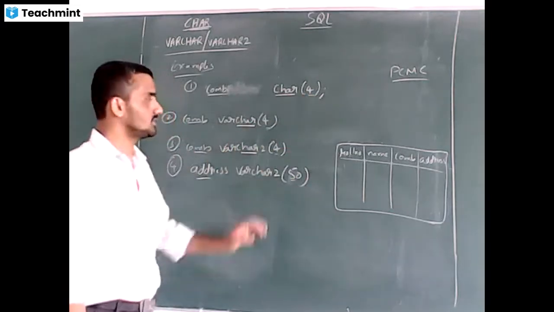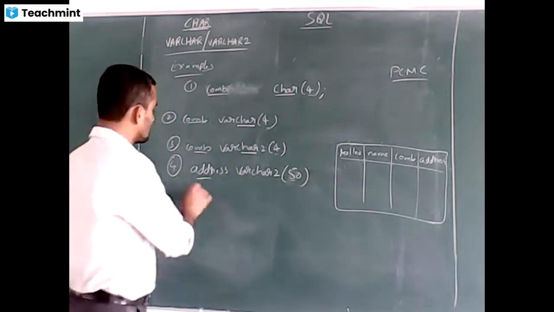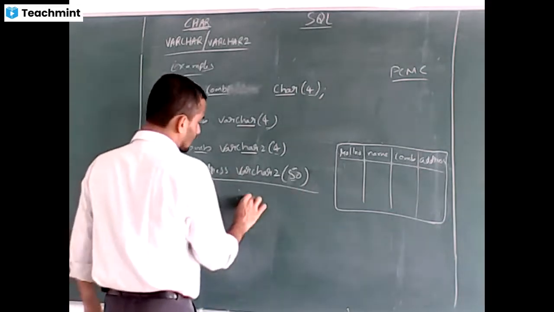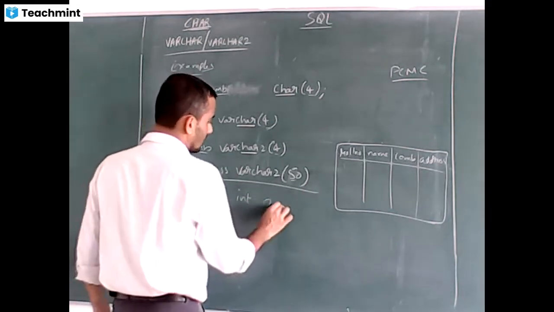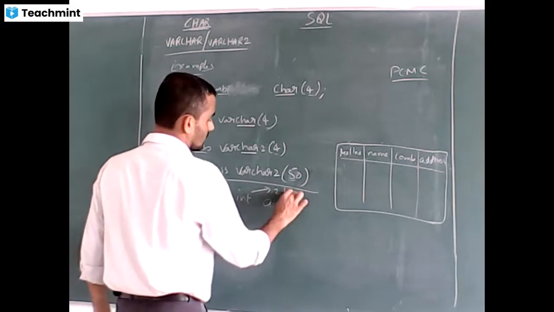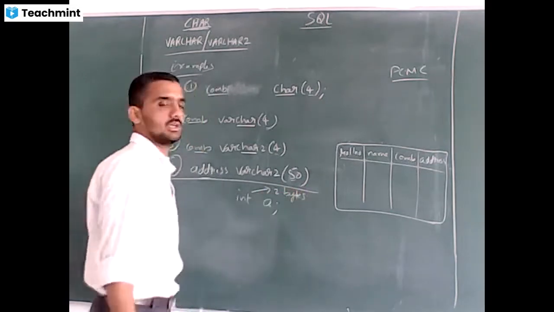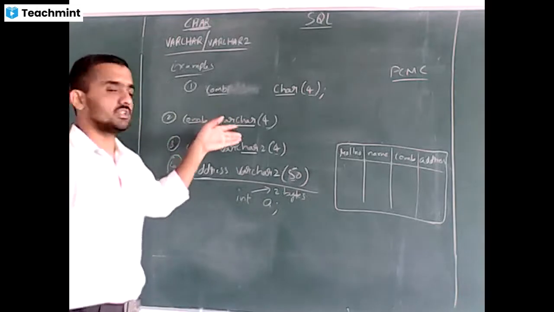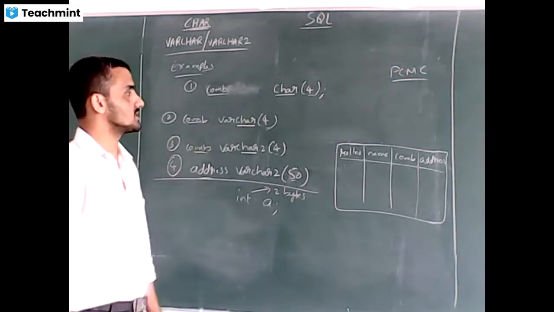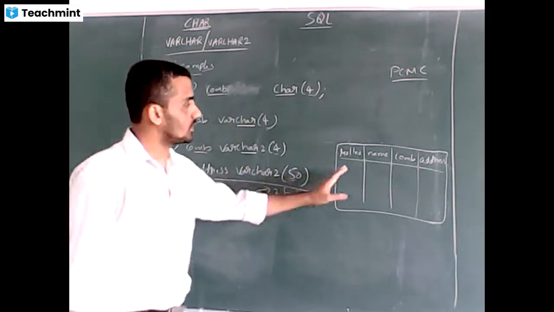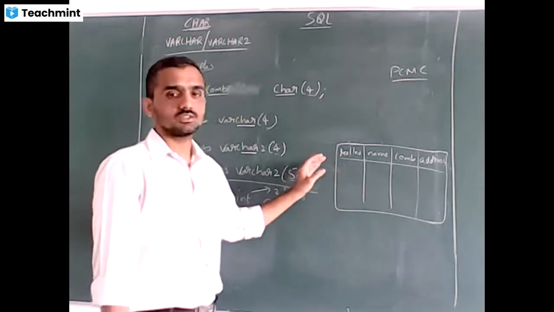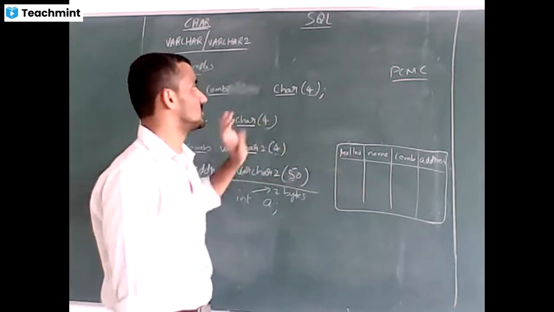In C++, the size is directly there. For example, if you say int A, or integer, 2 bytes of memory directly, it's inbuilt. Here also an inbuilt size is there for numbers. But here, in a column, we mention how many digits long, how many characters long. Okay.